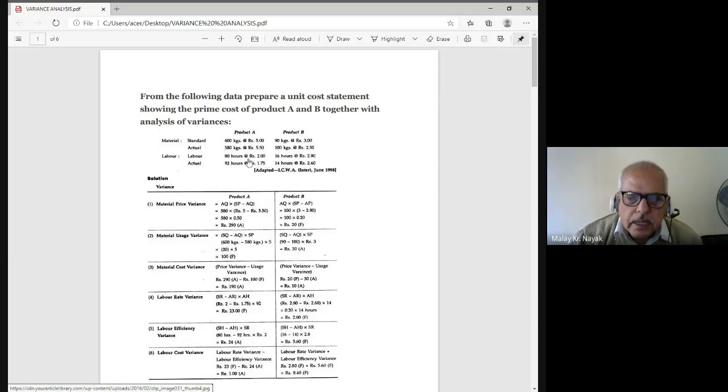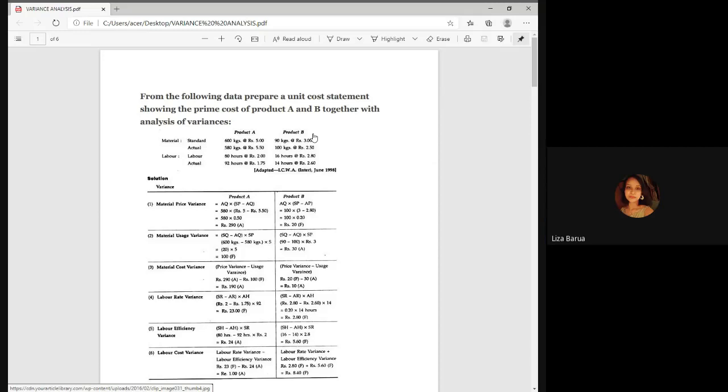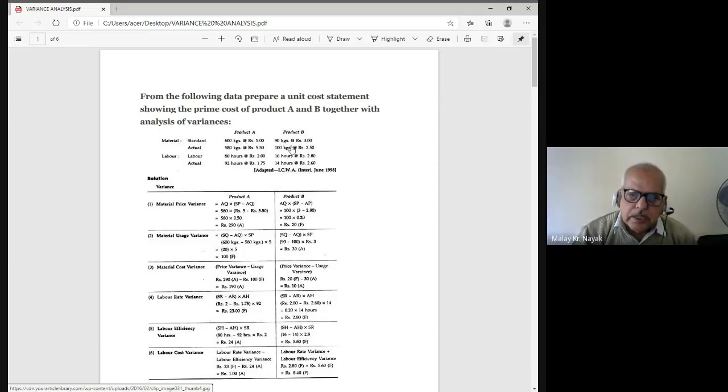You write down this whole sum, this problem only, in your copybook. Then you have to submit the solution on Wednesday in Google Classroom.